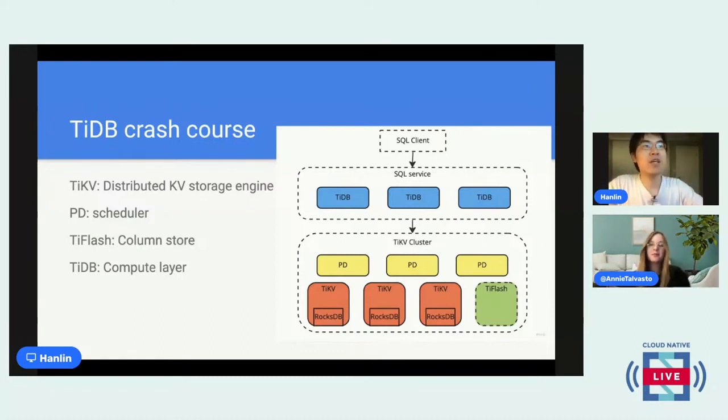Okay, so Vitess is a shard management system. Basically, it helps people to manage different shards. But at the back end, I think it's still using MySQL. But TiDB, different from Vitess, doesn't have any shard concept in there.